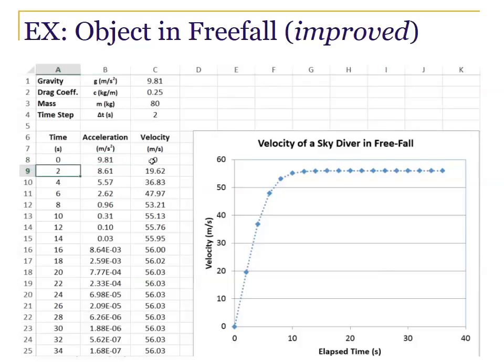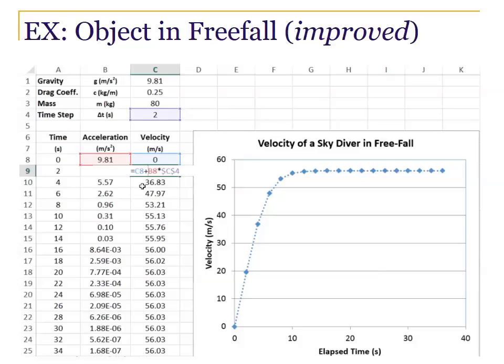Now let's go to the second line. What is my new time? My new time is my old time plus my time step, 2 seconds. I can just drag my acceleration solution down. And what is my new velocity? That's my numerical method. Remember the equation.